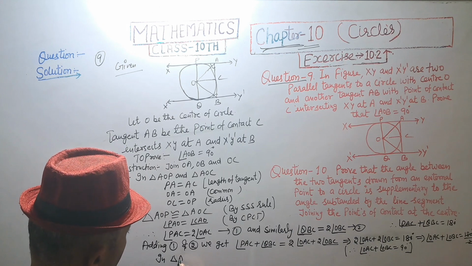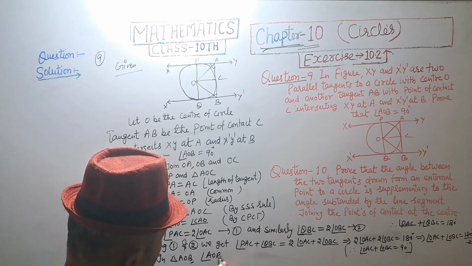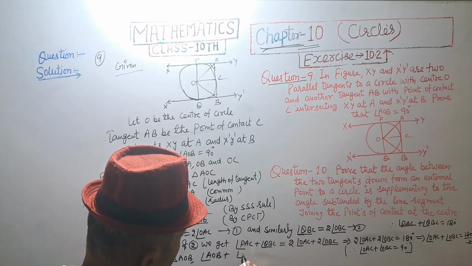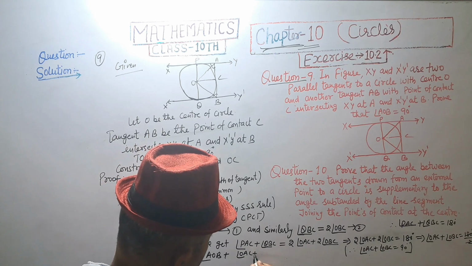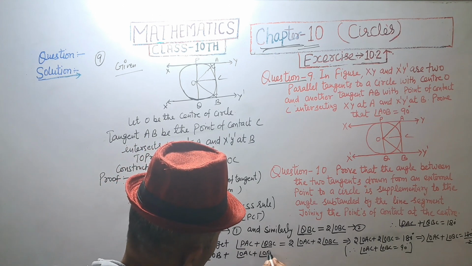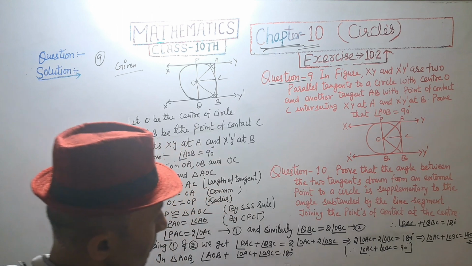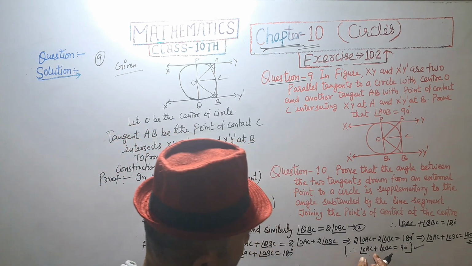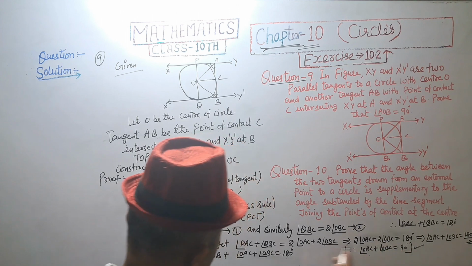In triangle AOB, angle AOB plus angle OAC plus angle OBC is equal to 180 degrees, and we have angle OAC plus angle OBC is 90 degrees.